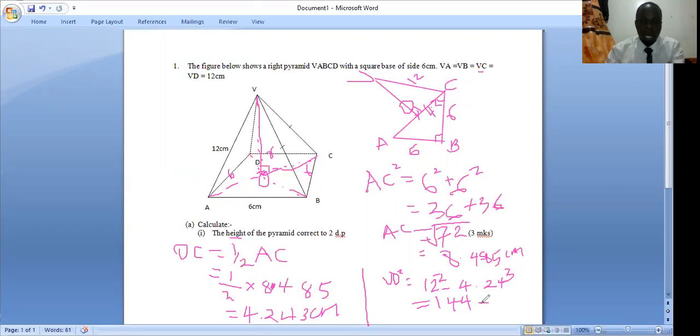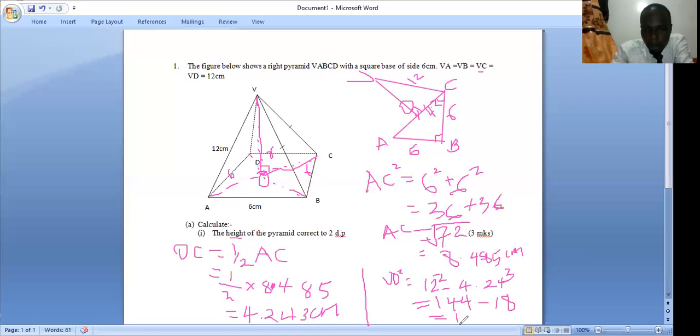You get the answer there as 18. So VO squared is 144 minus 18, you get 126.